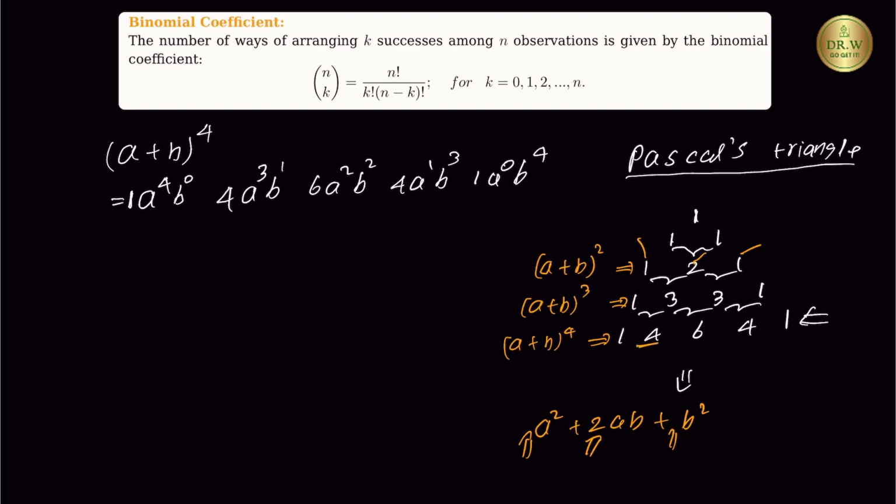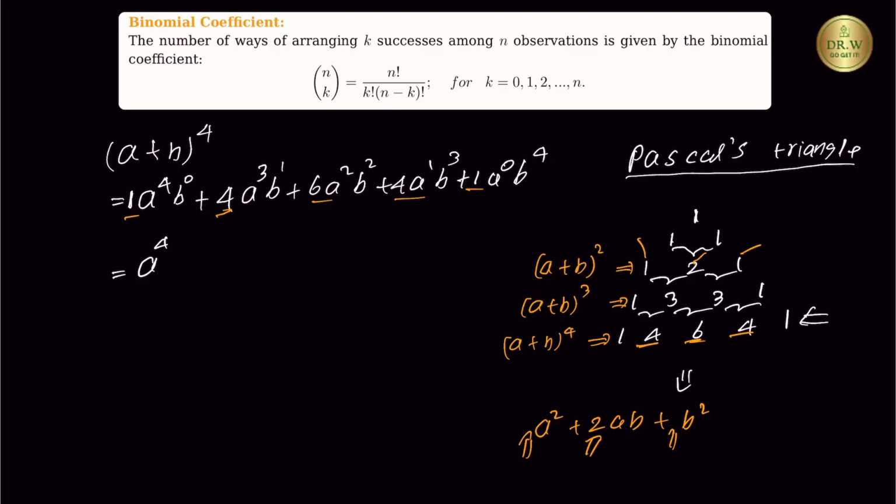You see here 4, 6, 4, 1, and the first one is also 1. Then we can write a to power 4, b to power 0 is 1, right? Therefore it is 1. And you see here positive, so every coefficient should be positive like this.